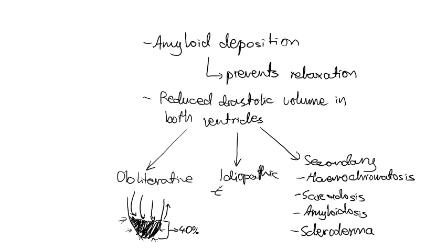The first is endomyocardial fibrosis, and as the name suggests, it's when fibrosis or the deposition of fibrotic tissues occurs in the endocardium and myocardium. Or it can be due to another condition that I'll abbreviate here as LEAD, that's called Loeffler eosinophilic endomyocardial disease.